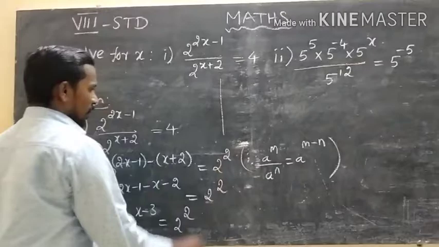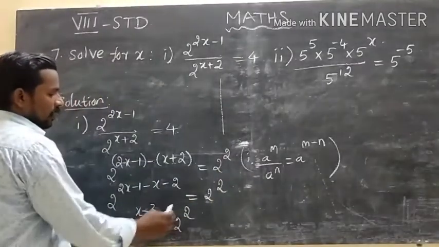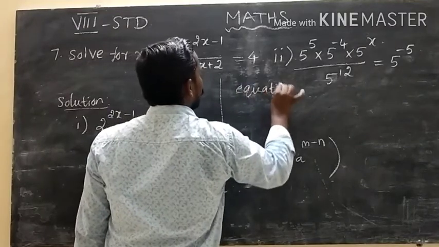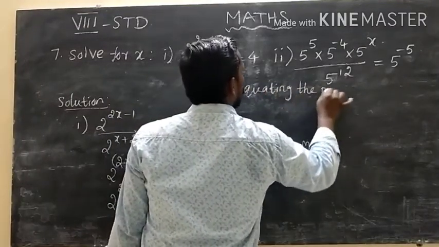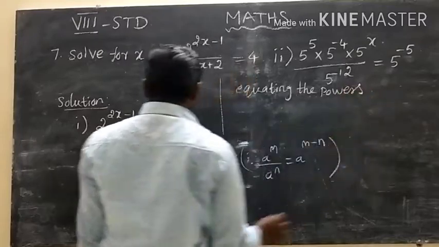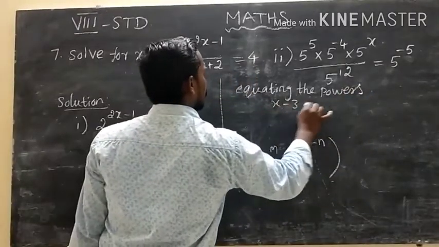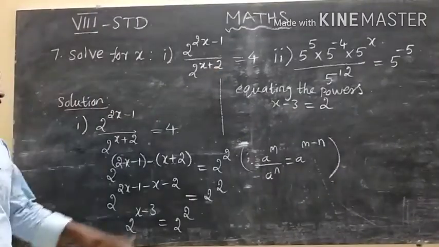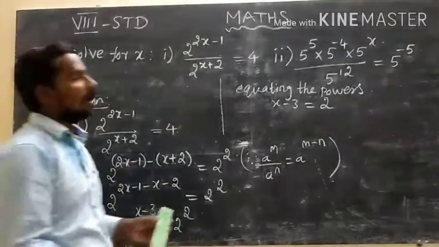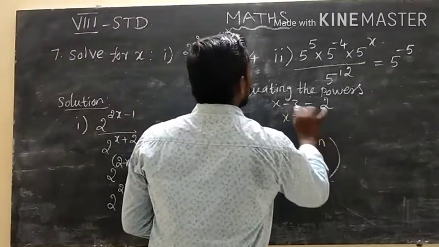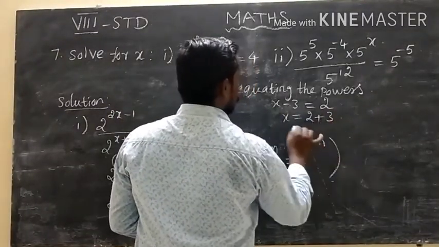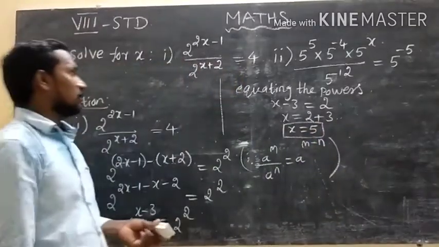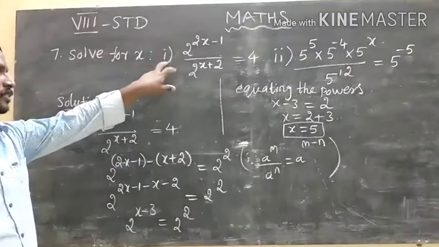Now we get the bases equal, so equating the powers: x minus 3 equal to 2. When bases are equal, directly equate the powers. This is one of the laws. So x is equal to 2, and making the transformation we get plus 3. So x is equal to 2 plus 3, which is 5. That's all your answer. This is the value of x for the first question.